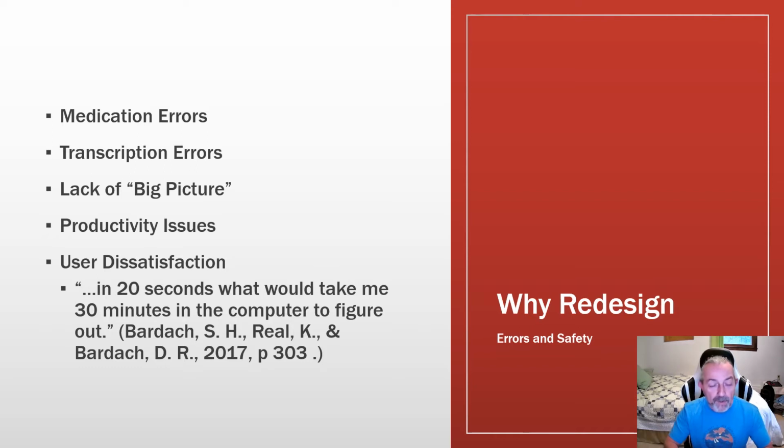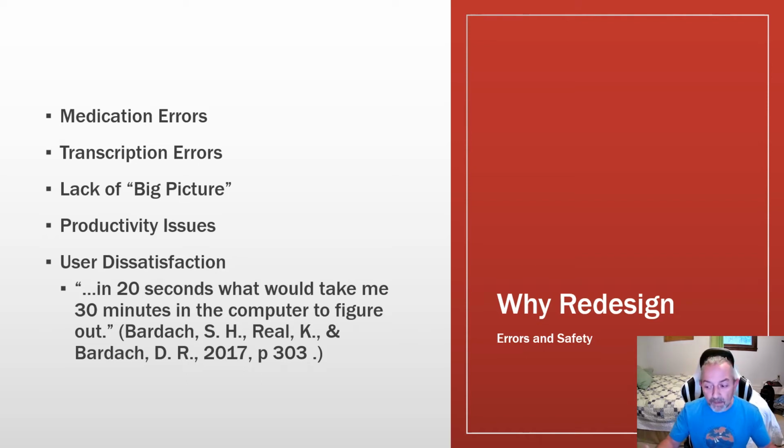Also, the text brought up a good point about the lack of the bigger picture, which I think is an issue with a lot of the, especially new admissions in our facility, where when the nurse is starting to do her med pass or his med pass in the morning, and they're taking a look at what it is that they have in front of them in the EMR, I think a lot of times it gives them very small slices of information about who the patient is and what it is that's going on with them, not really giving them a very broad picture of who the patient is in one screen.